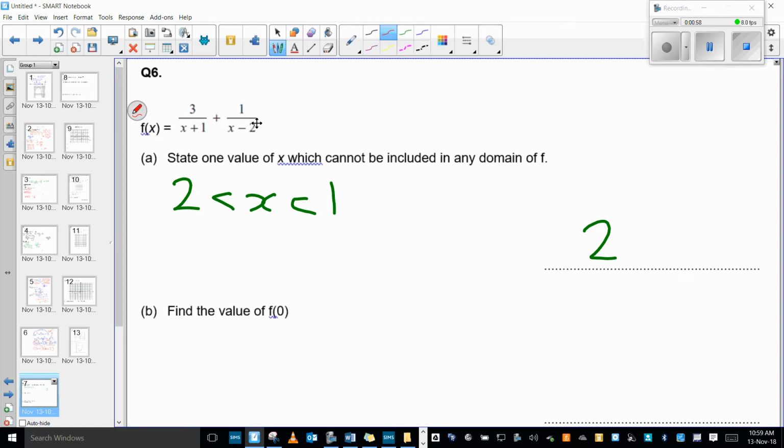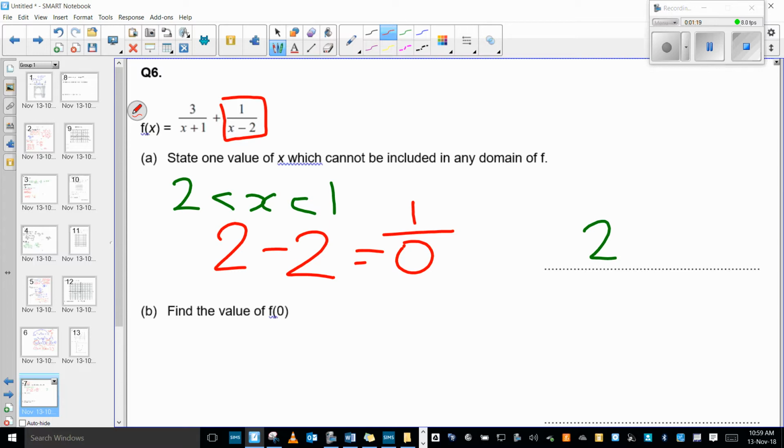So for this section here, it cannot be 2 like that. Why not? 2 minus 2 equals 0, and 1 over 0 is a mathematical error.